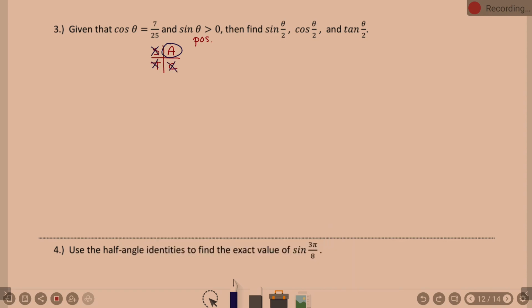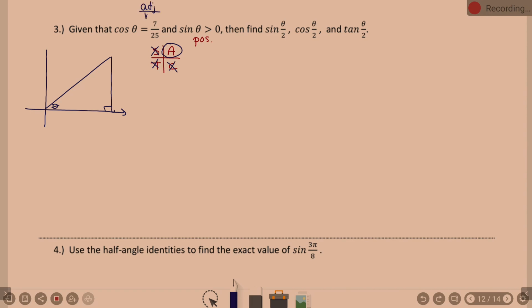Okay, so quadrant 1. If I draw a triangle in quadrant 1. Okay. Theta is always at the origin on the x-axis. Right angle is here. What do we know about cosine? This is adjacent over hypotenuse.